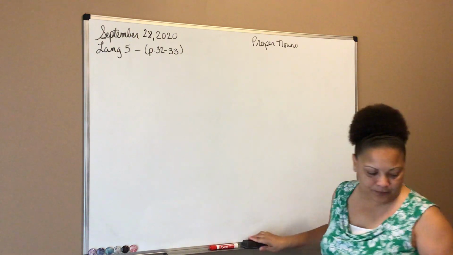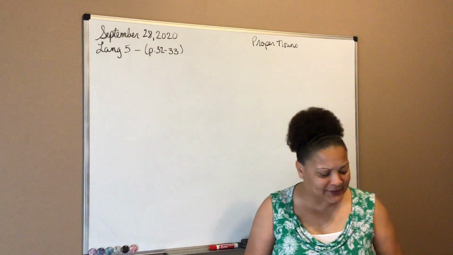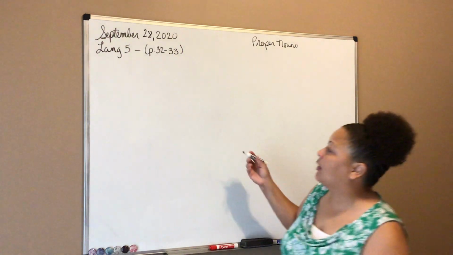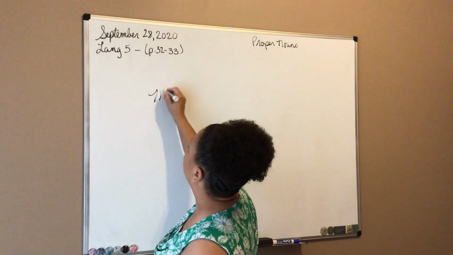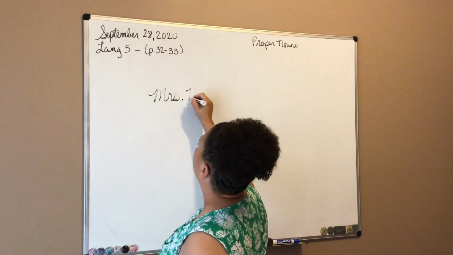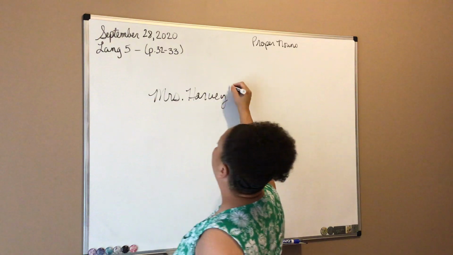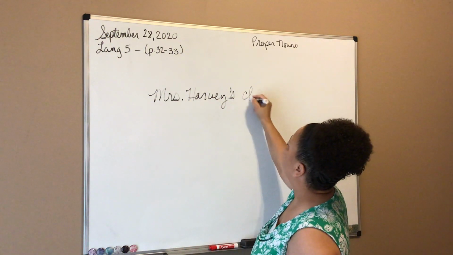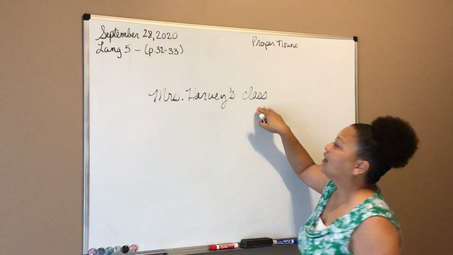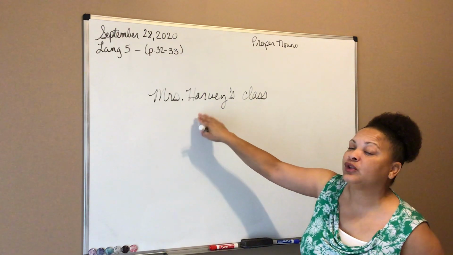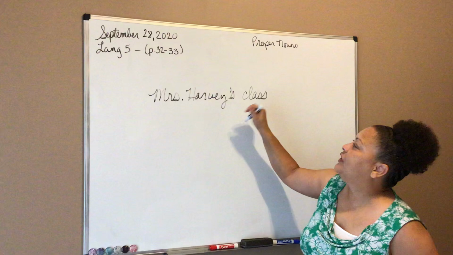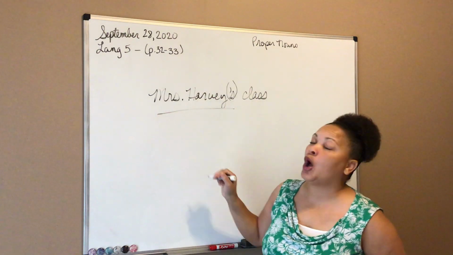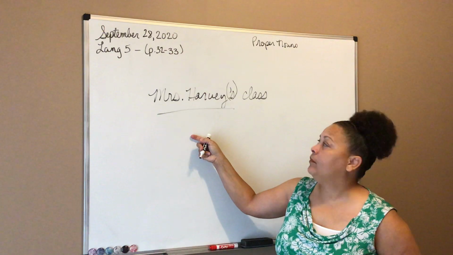The next part, and look closely, it says, a common or proper noun which ends with an apostrophe S. Let's say this is Mrs. Harvey's. Something belongs to Mrs. Harvey. It's Mrs. Harvey's class. So the class belongs to Mrs. Harvey. This apostrophe S makes this no longer a noun, okay?